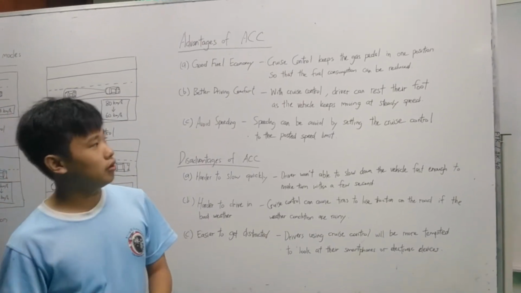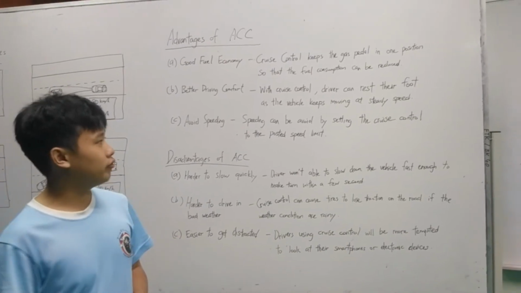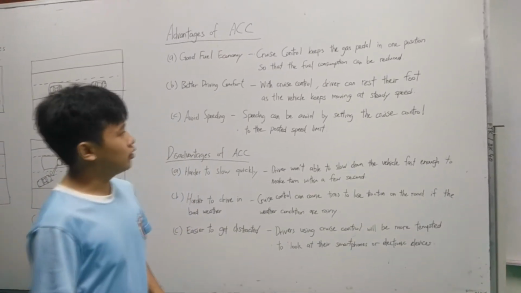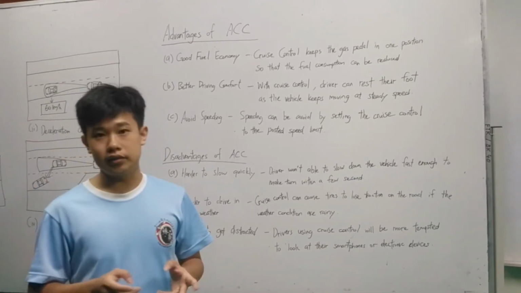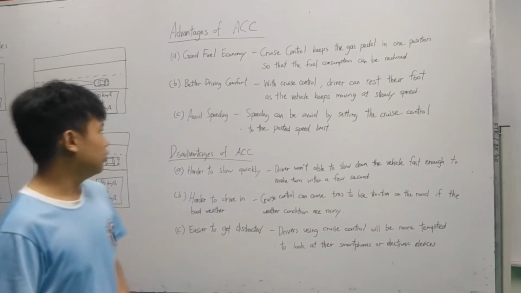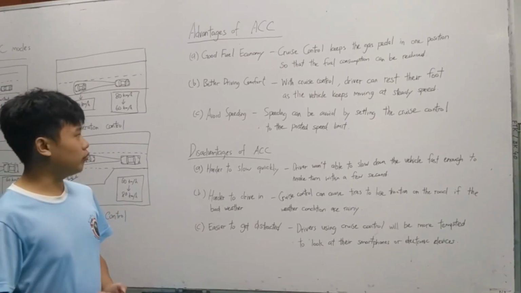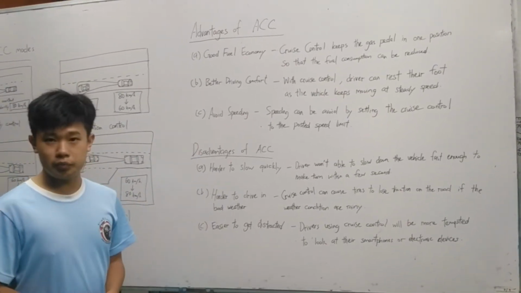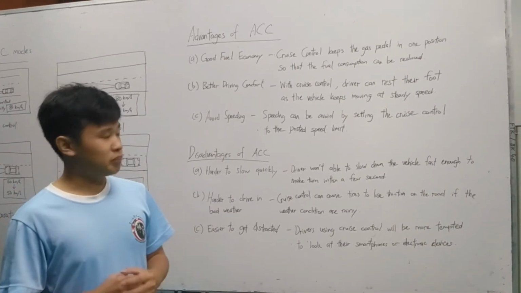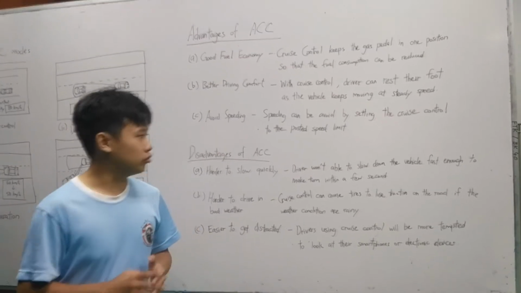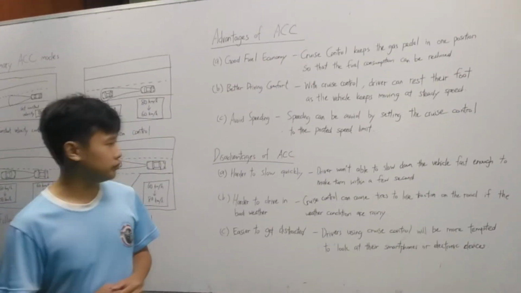With cruise control, the driver can rest their foot after a long travel as the vehicle keeps moving at a steady speed. Besides that, the adaptive cruise control also can avoid speeding. Speeding can be avoided by setting the cruise control to the posted speed limit.